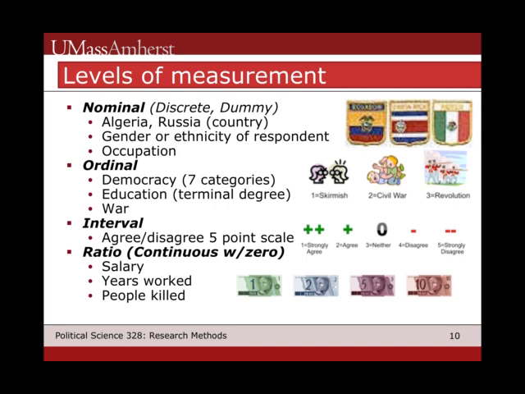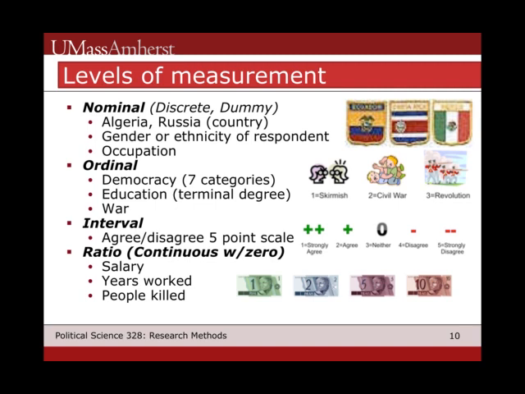Ordinal measures allow us to get a little bit closer to counting, but we don't have to go all the way there. So we might say, okay, if you have a free press and you have free elections and you have the rule of law, if you have those three characteristics, you're more democratic than if you only have two of them.